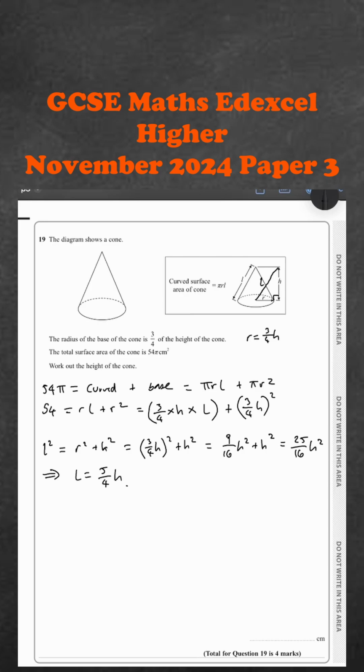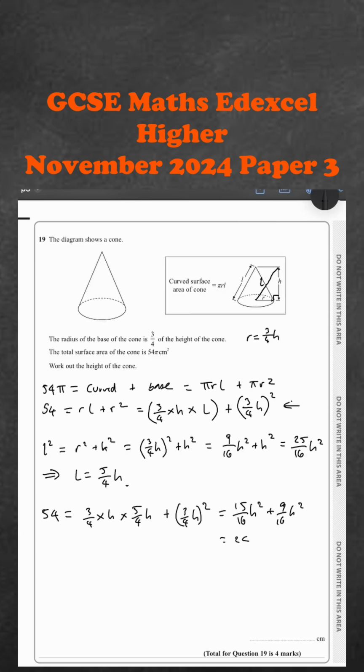So now we'll put this value for L back into our equation up here. So we have 54 equals 3/4 times H times 5/4 H plus 3/4 H squared. So we can say this is 15/16 H squared plus 9/16 H squared.